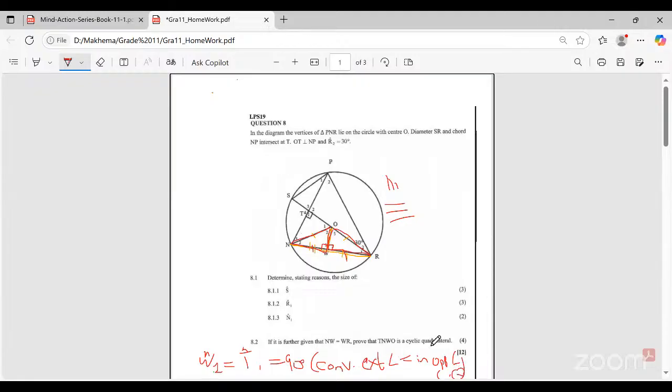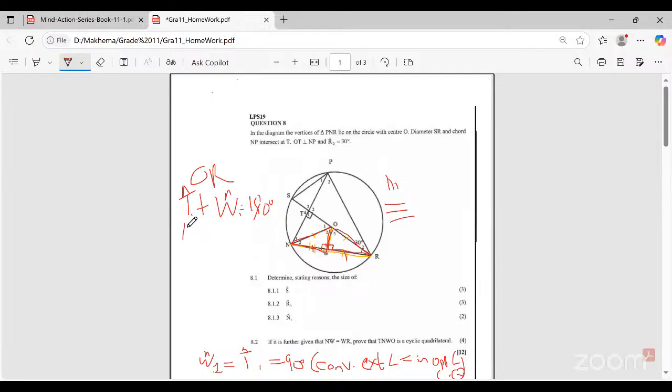Okay, yeah. And then I think you wanted to say something. Yes, T1 plus W1 is equal to 180 degrees, angles of a cyclic quad are supplementary. You are saying T1 plus W1 is equal to 180 degrees.